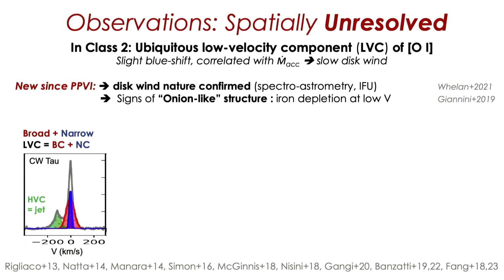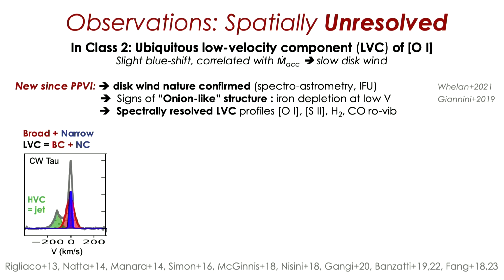There's also evidence for a chemical onion-like structure, because we see a stronger iron depletion at lower velocities, for example in this very nice paper. It shows that the low velocity component is coming from larger radii in the disk than the high velocity component.